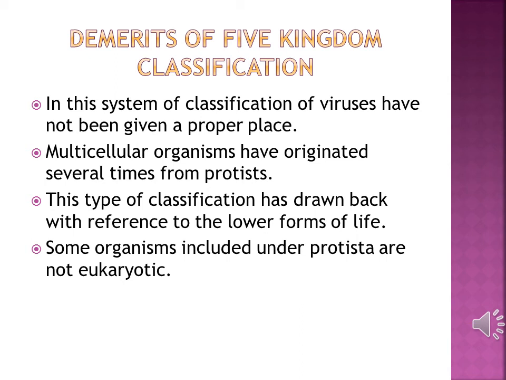Dissimilar organisms must not be kept in the same group. There is no place for viruses in five kingdom classification. Similar organisms are kept far from each other, for example, unicellular and multicellular algae. These are some demerits of five kingdom classification.